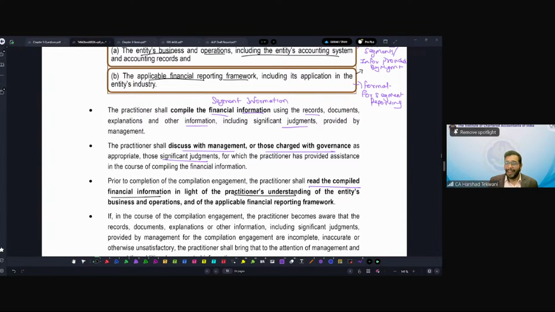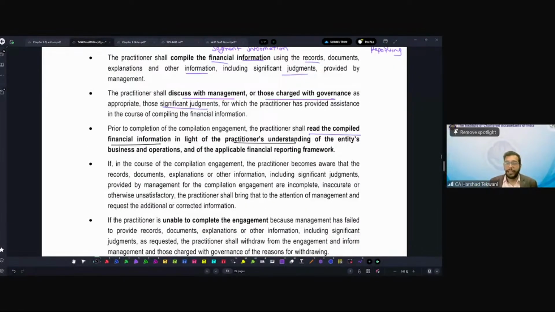Or for example, management gave you information where you have only two segments, but management is asking you to report between three different segments. For incorrect, inaccurate, or incomplete information, you have to bring it to the attention of management, and you have to request management for the additional or corrected information.